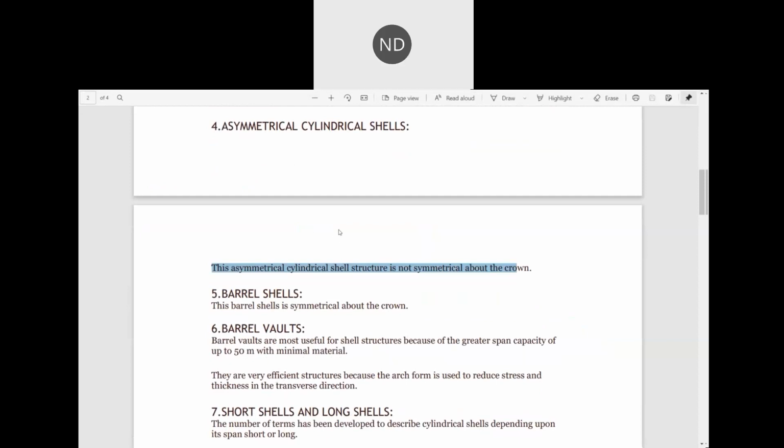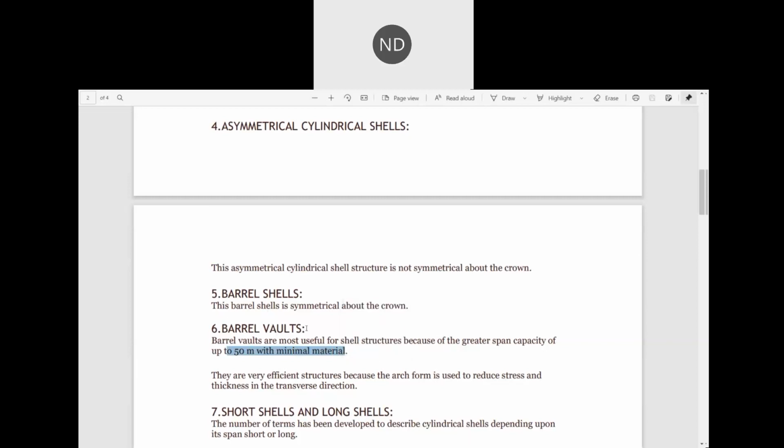Now barrel walls: barrel means the center is bulging, and walls means it is the same kind, but the inside roof part, where you have this bulging portion at the center, the inner portion, that is your walls. These are useful for shell structures because of the greater span capacity of up to 50 meters with minimal material.